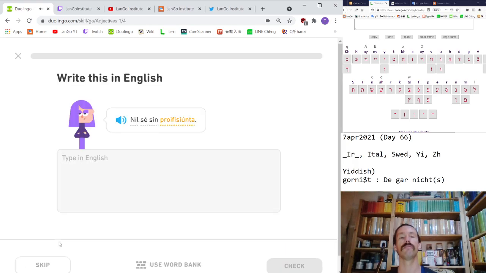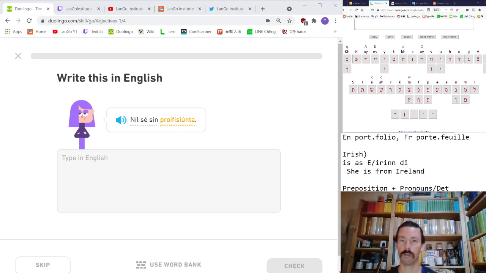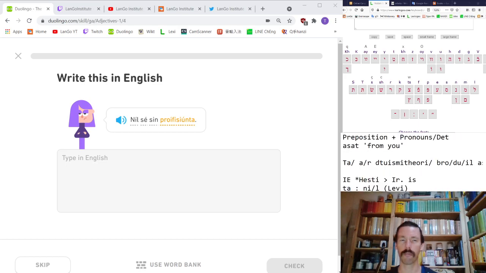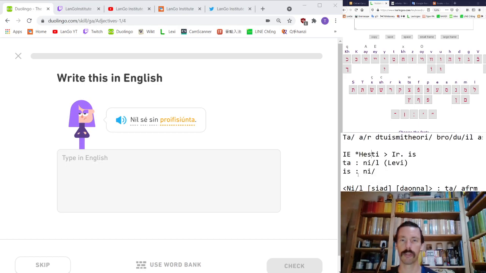Níl sé sin proficiúnta. Nin shin is together. There we go. Now I can copy it. And as Levi instructed us, Neil was for ta. There was ta and Neil is and ni.